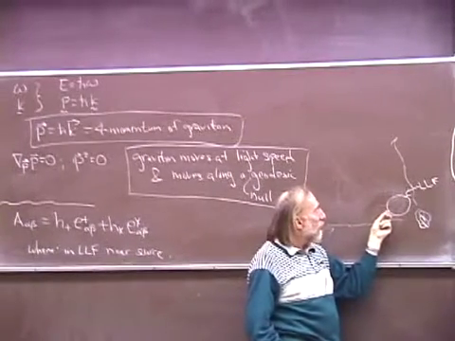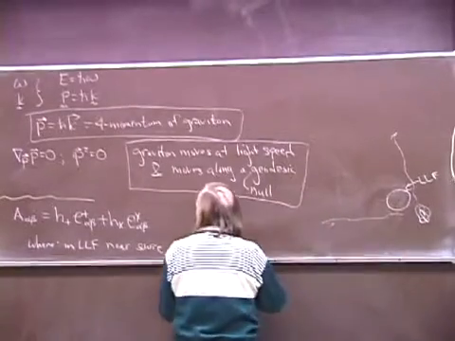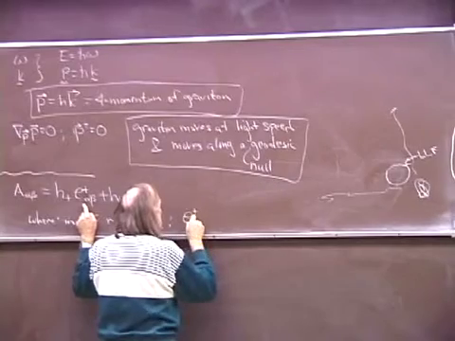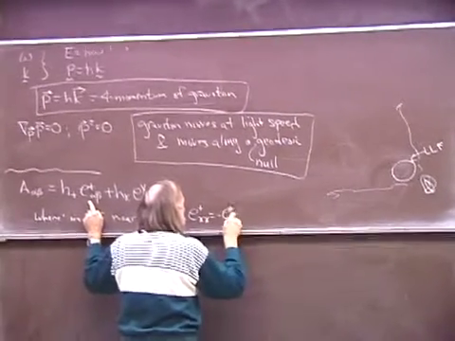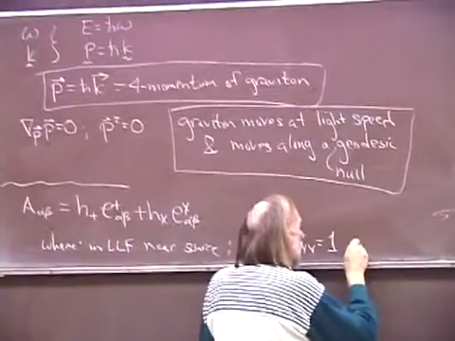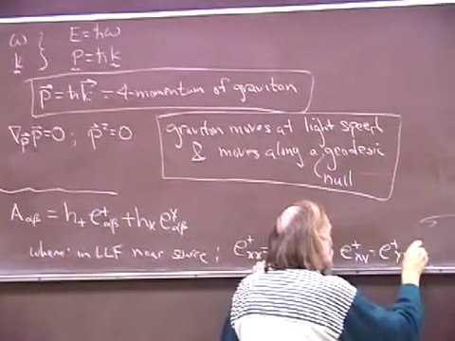And having made that choice, then in that local Lorentz frame, E plus is defined to have E plus xx equal to minus E plus yy equal to 1, and E plus xy equal E plus yx equal to 0.